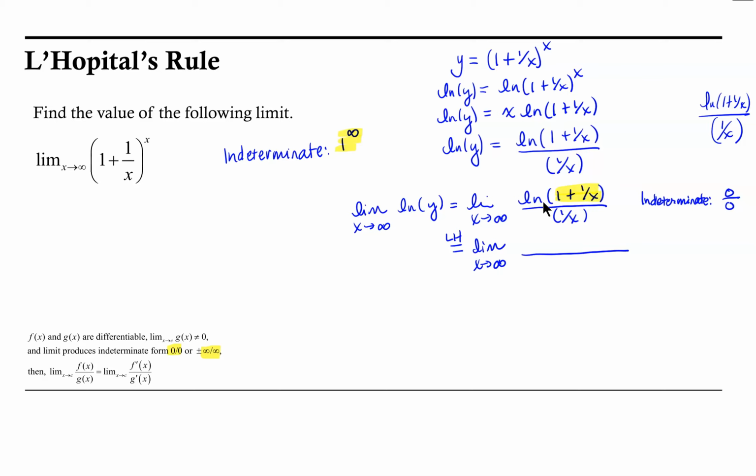So the derivative of a natural log is 1 over the argument of that logarithm. So 1 over 1 plus 1 over x. Then we need to multiply that by the derivative of the argument. So the derivative of the inside of the logarithm function will give us 0 plus, and we can think of 1 over x as x to the negative 1 power. So when we take that derivative, we're going to get negative 1 over x squared.